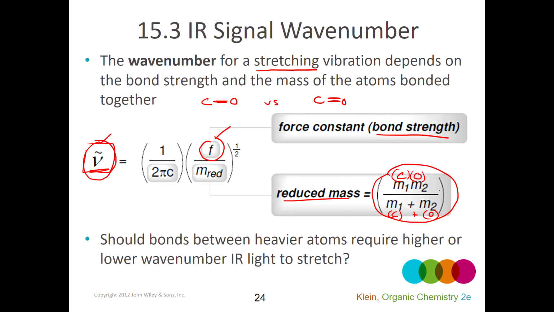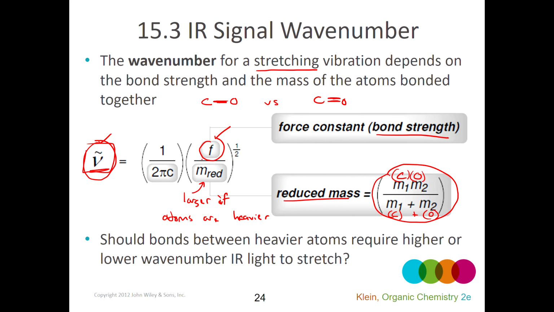So the heavier the atoms, when I multiply them, I'm going to get a large number. So the reduced mass that I get is going to be a larger value with heavier atoms. It's going to be larger if the atoms are heavier or have bigger masses.